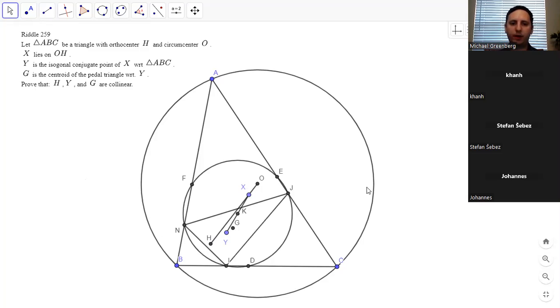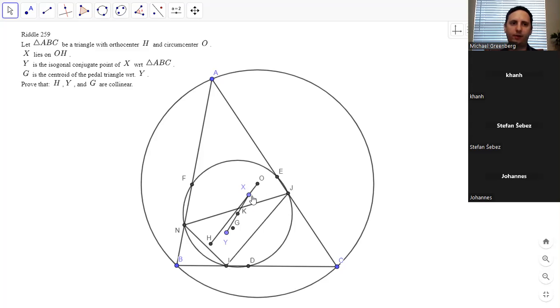K is the midpoint of XY, and it's also the center of the circle. So X and Y are isogonal conjugates, and the midpoint of XY is always the center of the circle that goes through the feet of the altitudes from X and Y. Oh, that's cool.